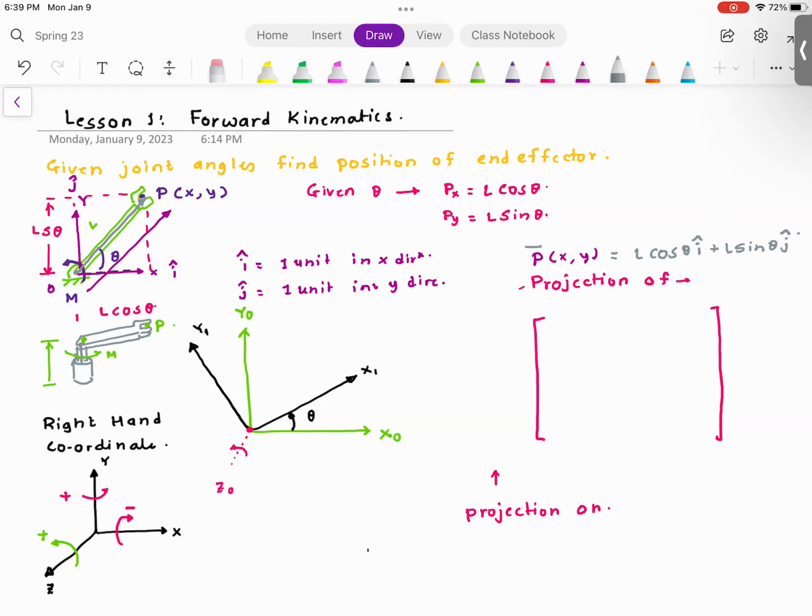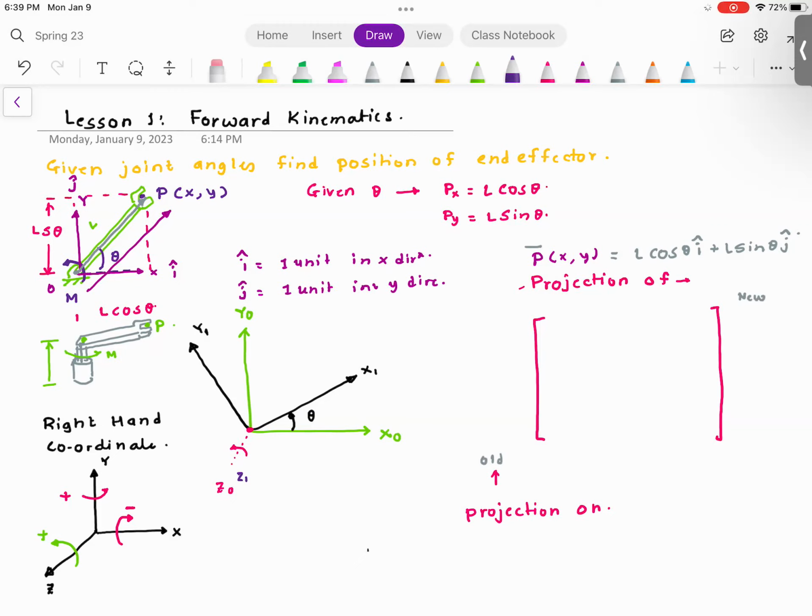So this is always the new coordinate system. This is always the old coordinate system. So what I'm going to do is, I'm going to write down the new coordinate system. What is my new coordinate system? My initial coordinate system was X naught, Y naught, and Z naught. You agree with me? My new coordinate system is X1, Y1, and believe it or not, Z1. Because Z naught and Z1, they are one and the same.